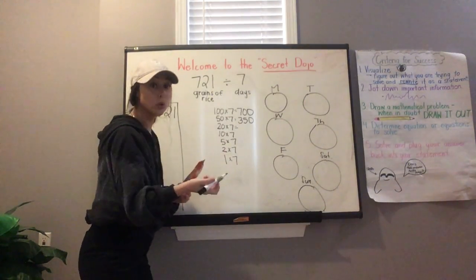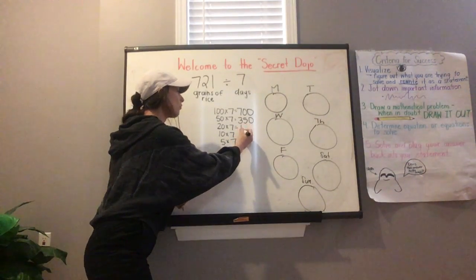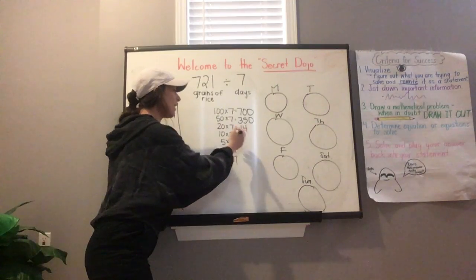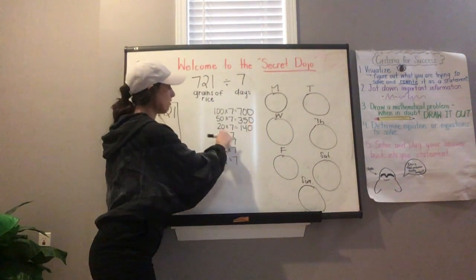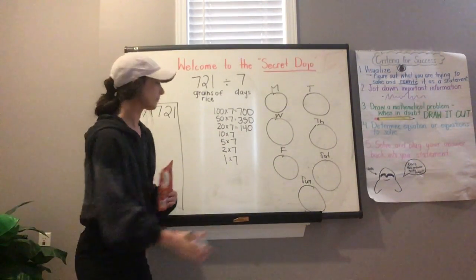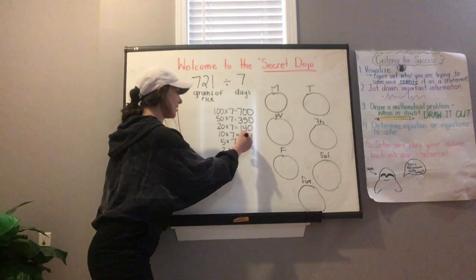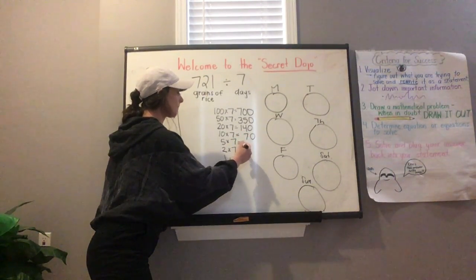I know that 2 times 7 equals 14. Now that I have 14, I'm going to add another 0 because I know I have 2 groups of 10 or 20. I know that 10 times 7 equals 70.